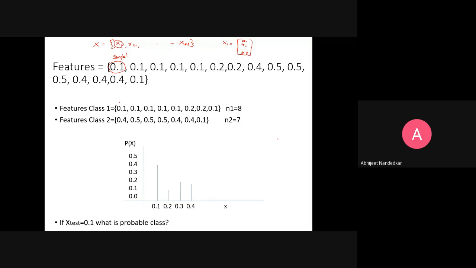Okay. Now, in this simple problem, these other things are absent. I will say x1 is a one-dimensional feature. So x1 is a small x1. That's it. That means suppose I am measuring the length of some object, then it will be just one number.